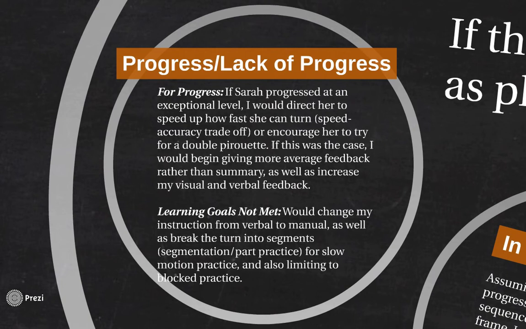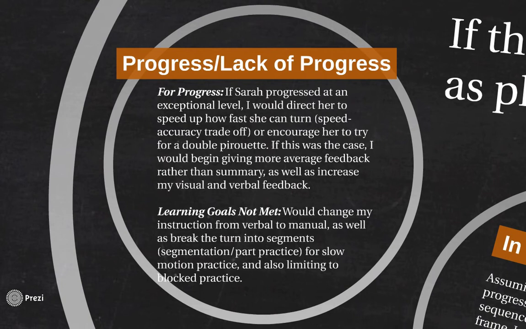And what I mean by manual is, in dance, a lot of times we're very apt as instructors to manually manipulate our dancers to teach them the correct body position. So say that Sarah's not getting the correct body position, which is in turn deteriorating the level that she's able to accomplish this turn.